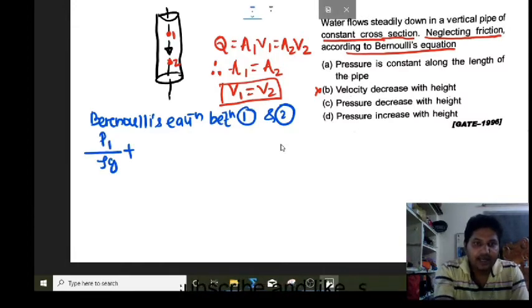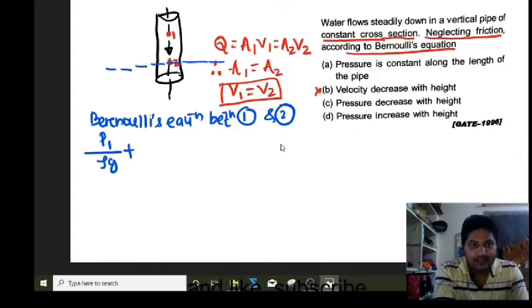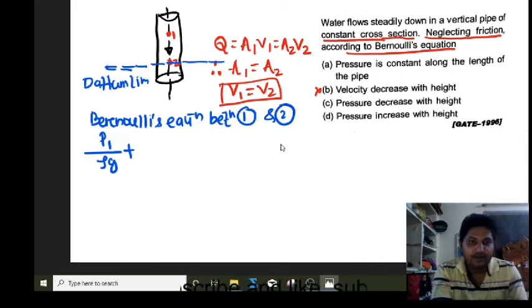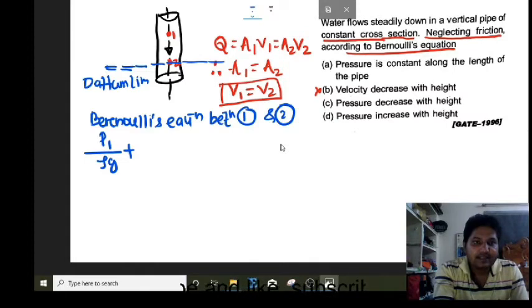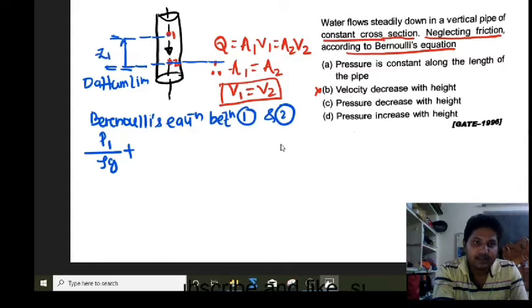And suppose I am taking point 2 as my datum line. So this is the potential head of point 1, taken at Z1. Here, with the datum line, Z2 will be equal to 0.